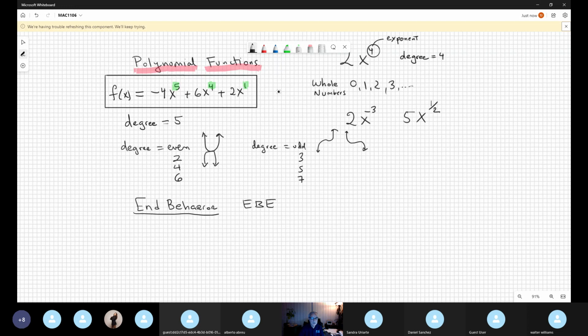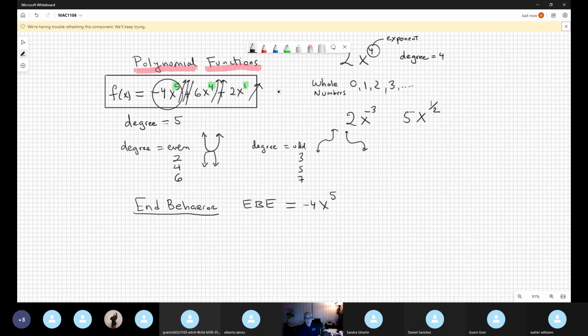Well, you take the monomial that contains the higher exponent. This is the end behavior. Why? Because this is the dominant. Everything is increasing, but this increases faster, and this increases super faster because the power 5 increases super faster, and this determines the end behavior.